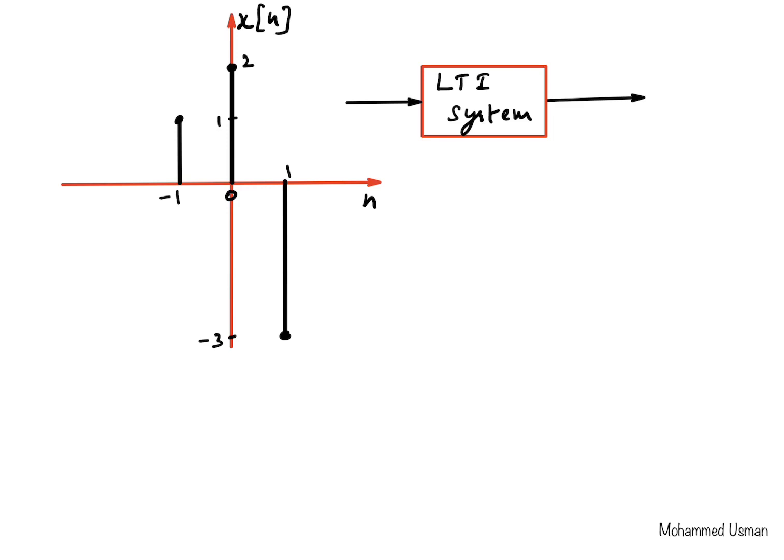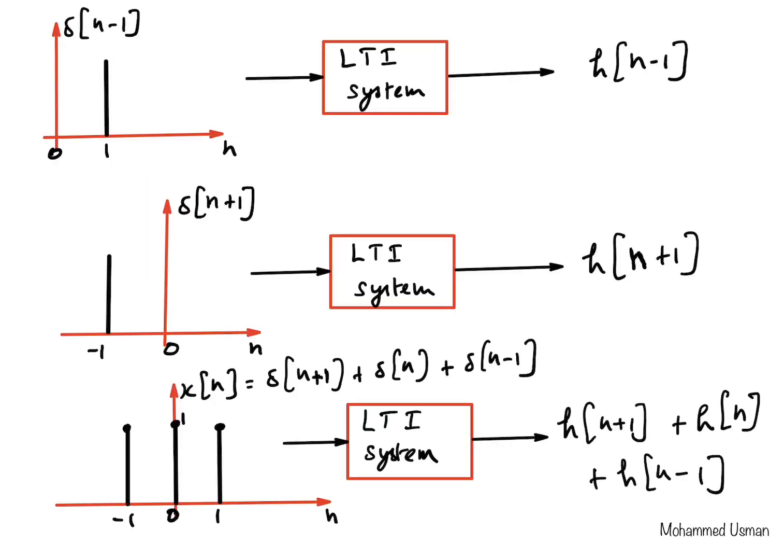So now basically we are saying that our input signal x of n is delta of n plus 1, which is this impulse, the same as this delta of n plus 1. We have not changed that.